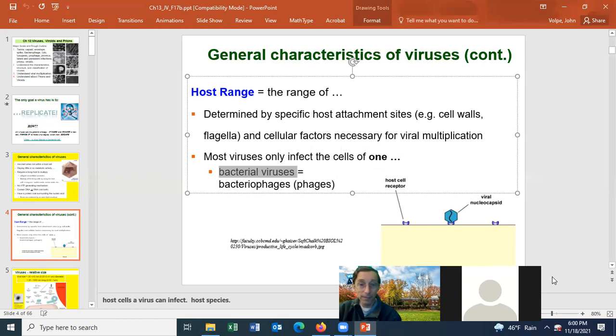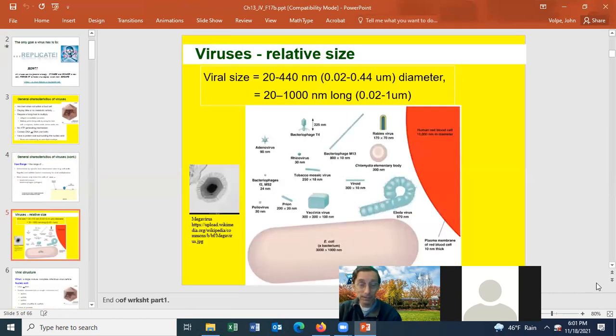Viruses that infect a bacteria only infect bacteria cells, and generally they only infect one or a few species of bacteria. So bacteriophages cannot infect humans, and we'll talk a little bit about that later.